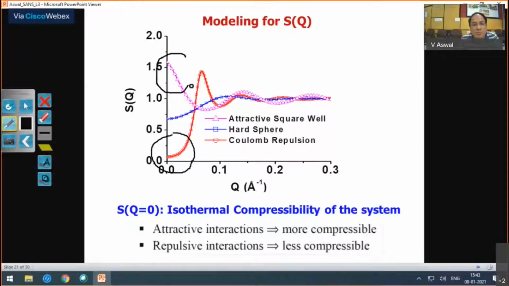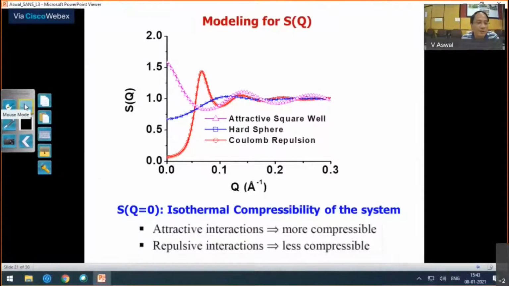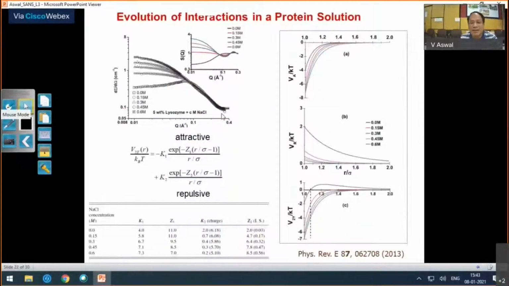So to assume whether your interaction is repulsive or attractive, you can look at the low Q region. That would help you to start the model to fit the structure factor. So once, by looking at the features in the scattering intensity, you have an initial model for the form factor and also an initial model for the structure factor, then you can fit the data.